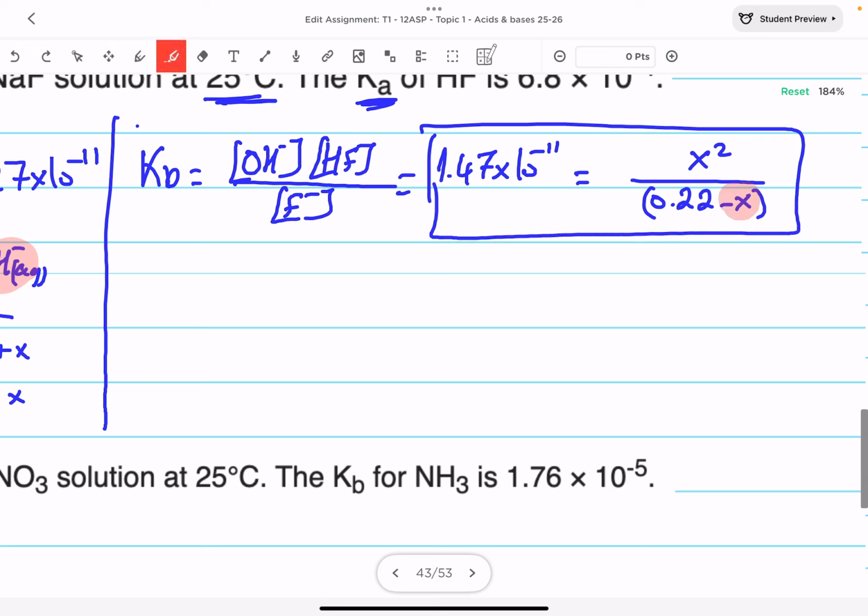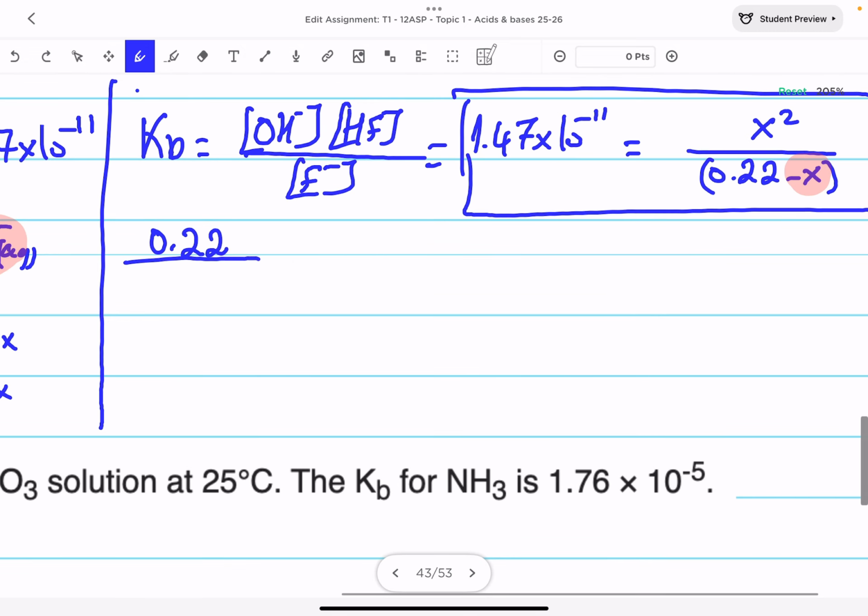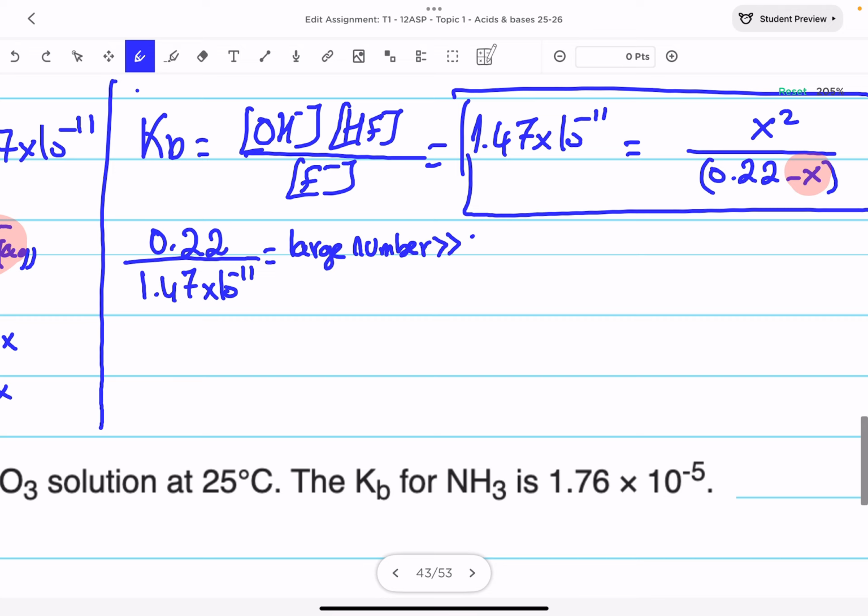Now, is there something we can do about this x? I can take the original concentration and divide it over the value of Kb. By plugging this into my calculator, I'm going to get a very large number, which is much larger than 500.